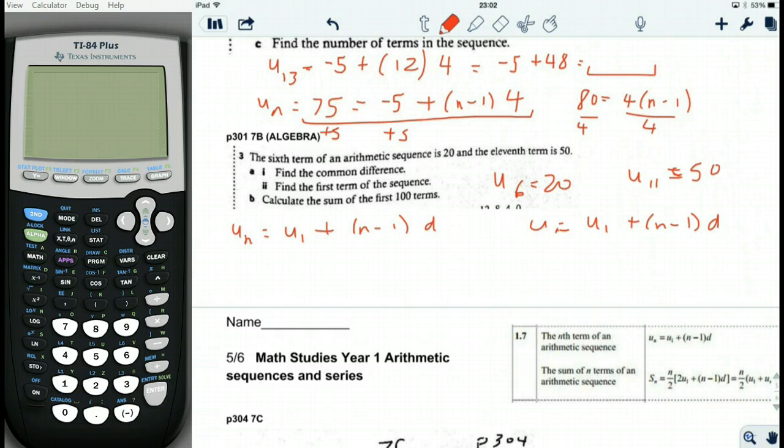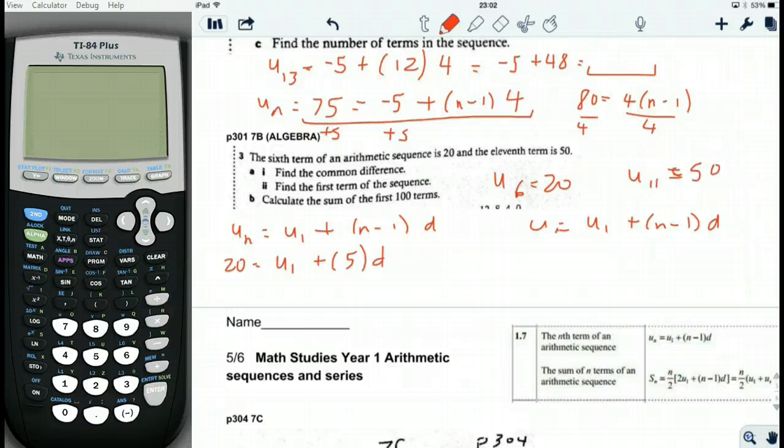Okay, so the first Un is U6, which is 20. The U1 is, we don't know. The n is 6, right, because it's U6, so we'll put 6 minus 1 is 5. And the common difference is, we don't know.